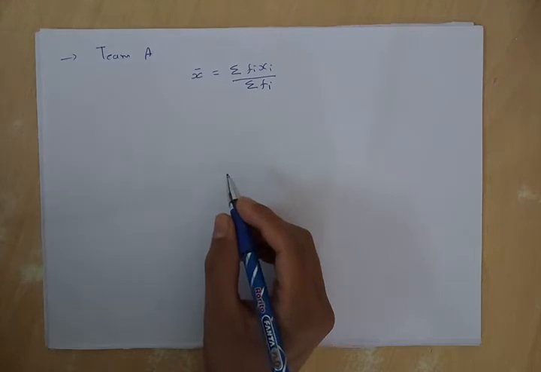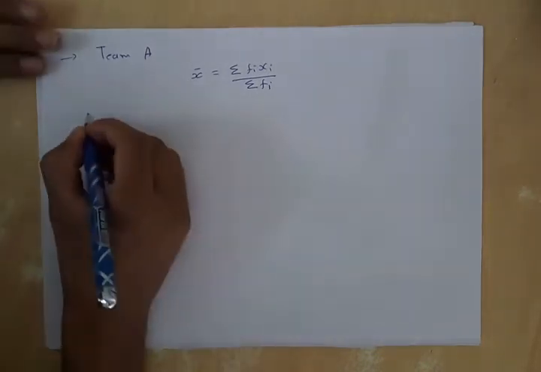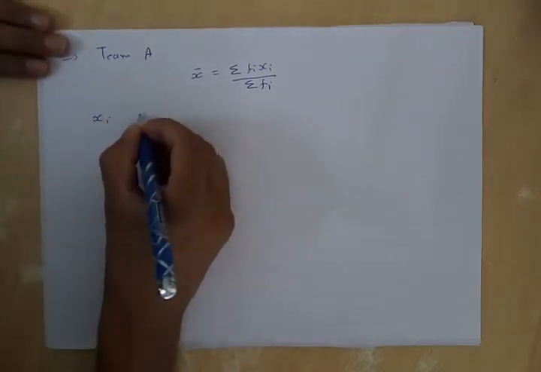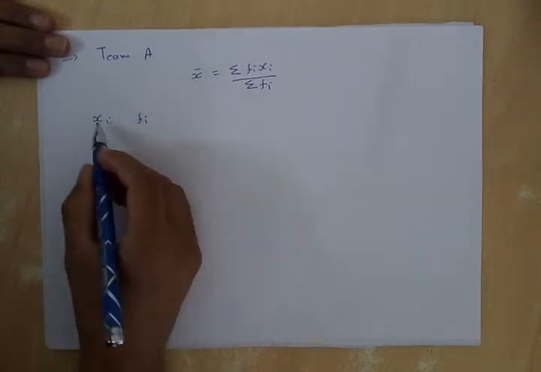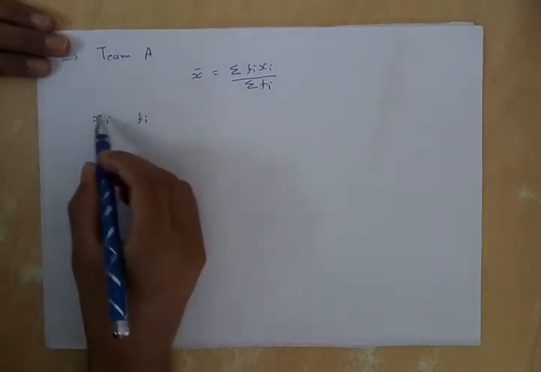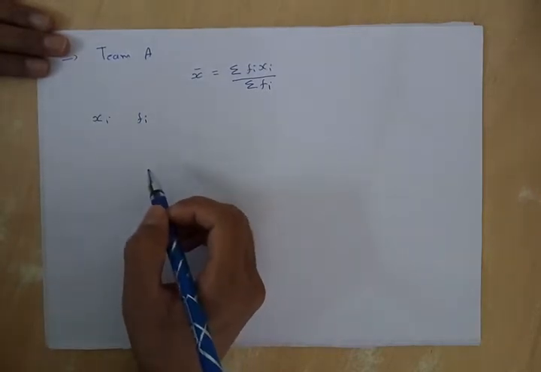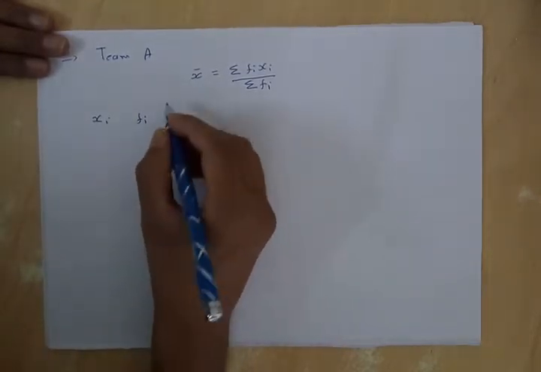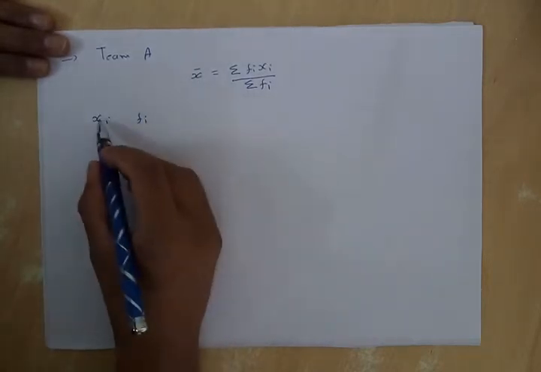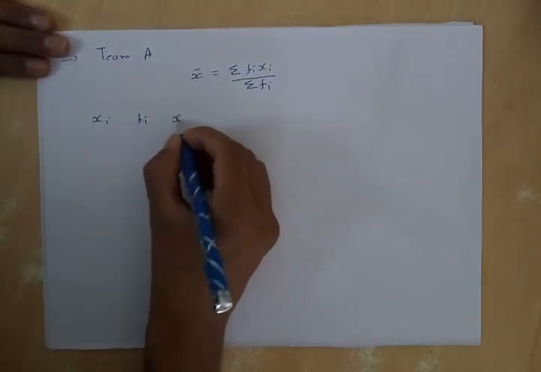So for that we will form a table. So we'll take xi column, fi column. Xi is number of goals scored by team A and fi is number of matches played by team A. And finally we will multiply xi and fi.